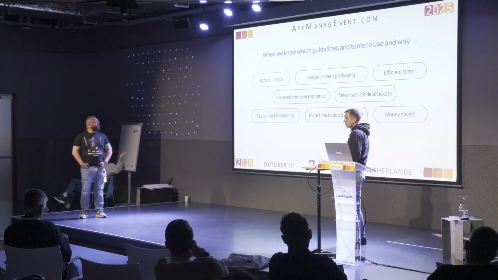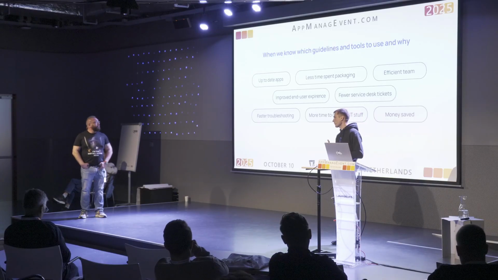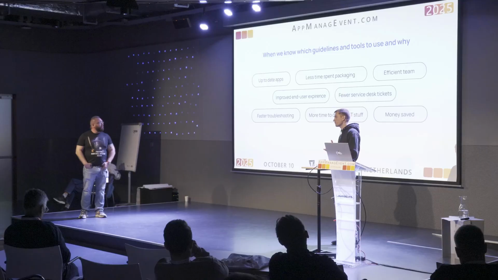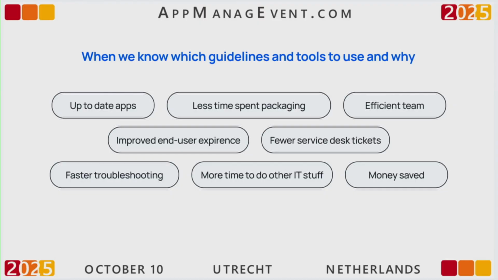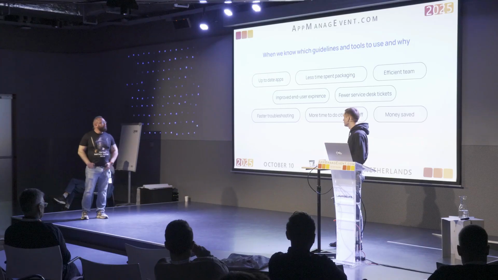So the conclusion is that when you know what tool to use, what kind of standards and guidelines to follow, we see companies actually thriving. Fewer tickets are created. Teams are efficient when you have solutions that you can share across the team.